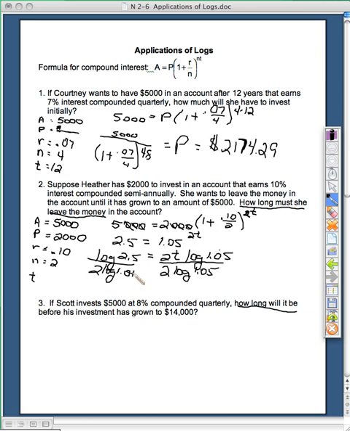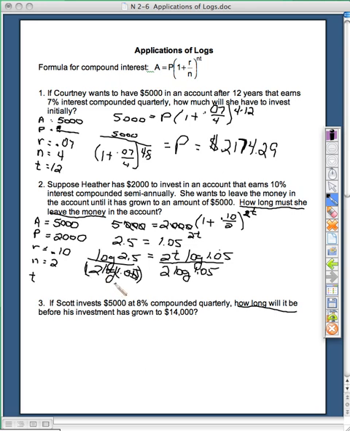Now the problem with doing that is you have to remember to put your denominator all in parentheses, the whole business. And this log 1.05 from the calculator will be in parentheses, so you'll have to close your parentheses twice at the end after the 1.05.